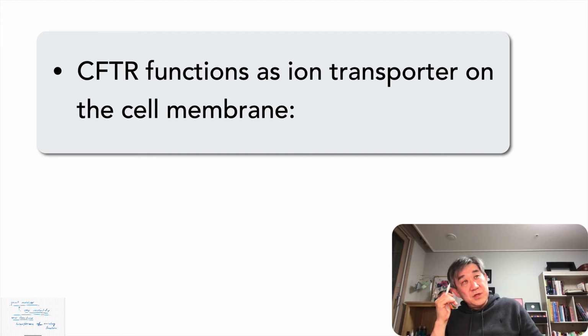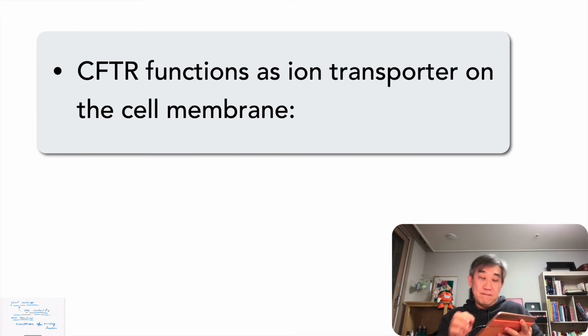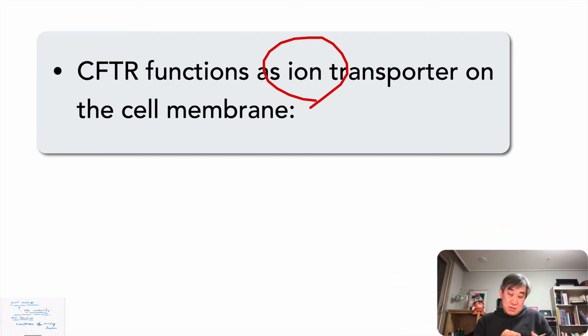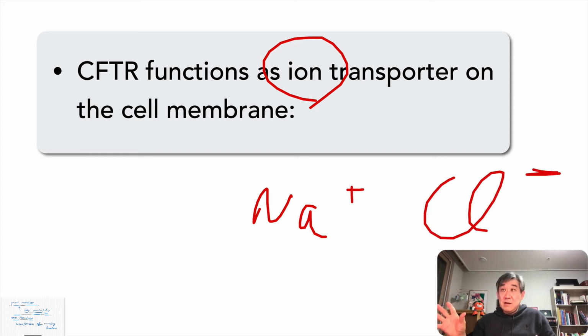Is it really an important protein? Yes, it is. CFTR functions as a kind of transporting protein. What does it transport? Ions, like sodium or chlorine ions are being transported through this particular protein.